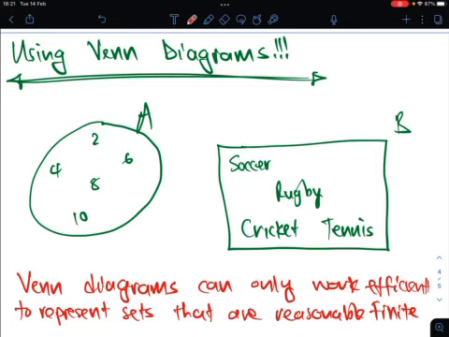Venn diagrams can work efficiently when you are representing a set which is reasonably finite.